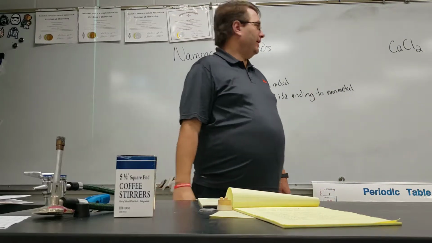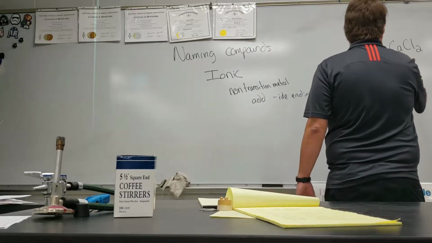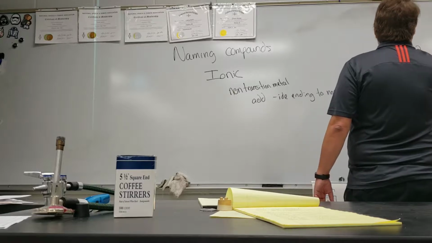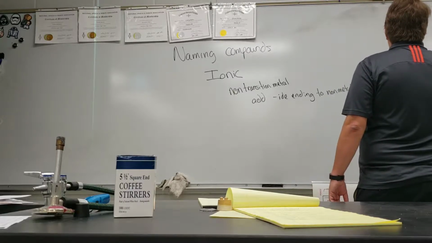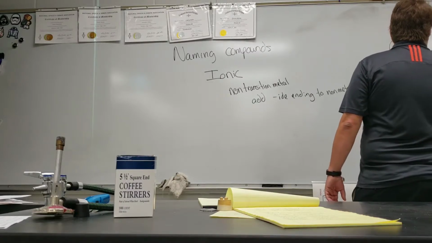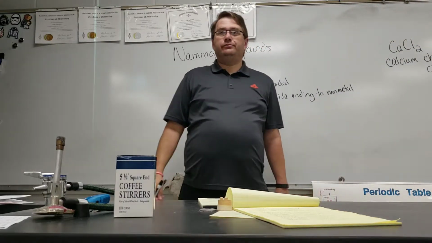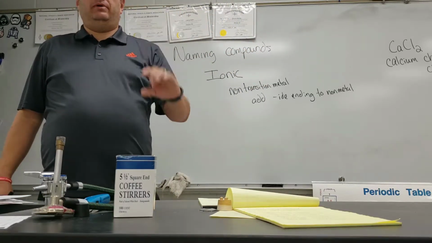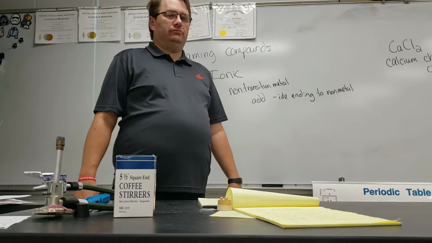Calcium chloride. So the chlorine becomes chloride, right? So you take the root of the non-metal and make it IDE.